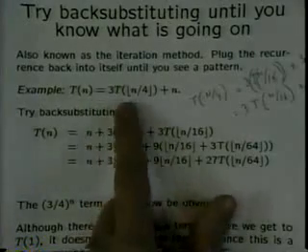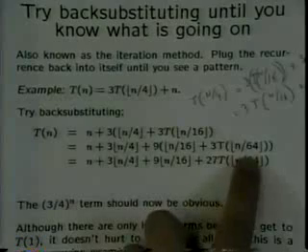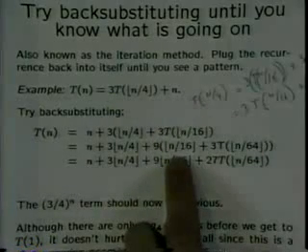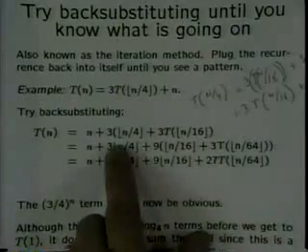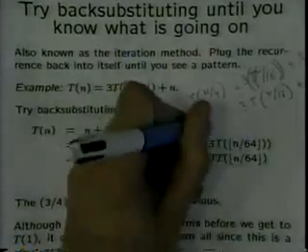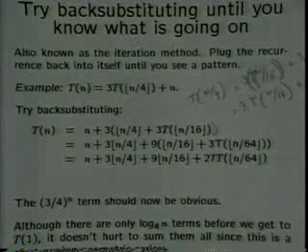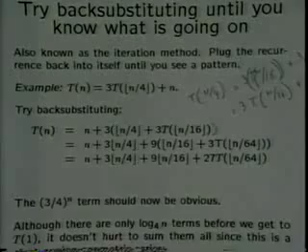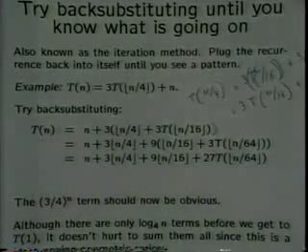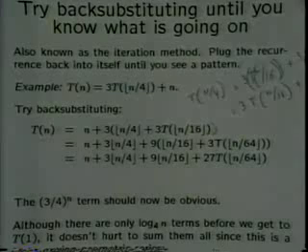It's going to be 3 times T of n over 64 plus n over 16. Every time I insert these, there are parentheses that have to be maintained. By taking a look at the terms I'm leaving, the hope is I can guess a pattern.